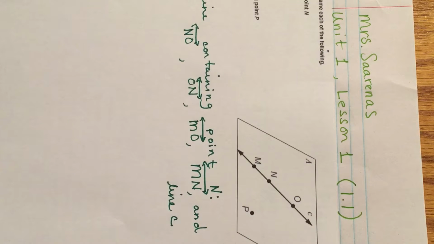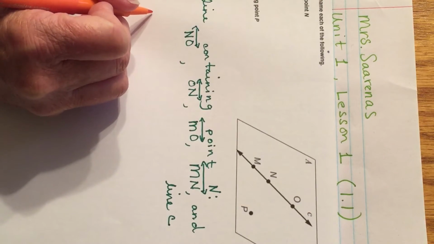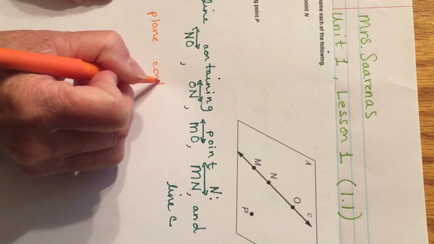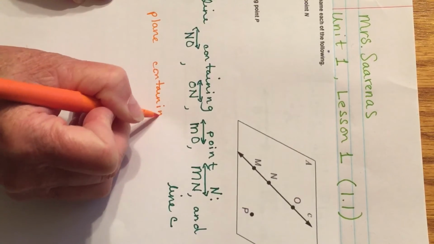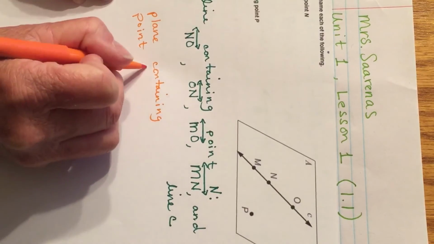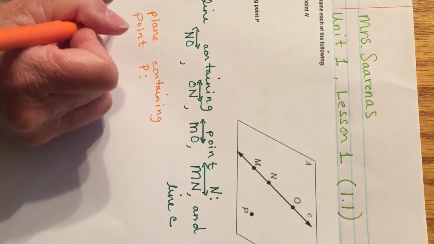The solution to the question regarding plane, to name the plane containing point P, a solution again consists of 3 letters.